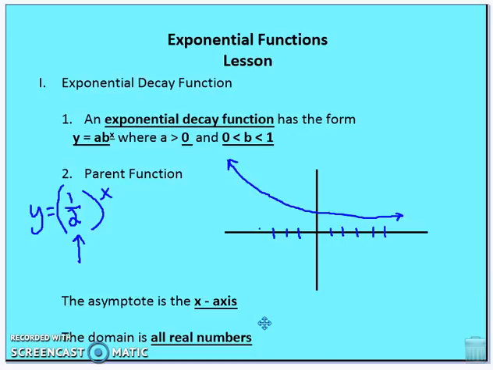So the range will vary, as will the asymptote, but the domain will remain all real numbers. You can place any value in for x and still get a real number result out for y in both the exponential growth and decay function.